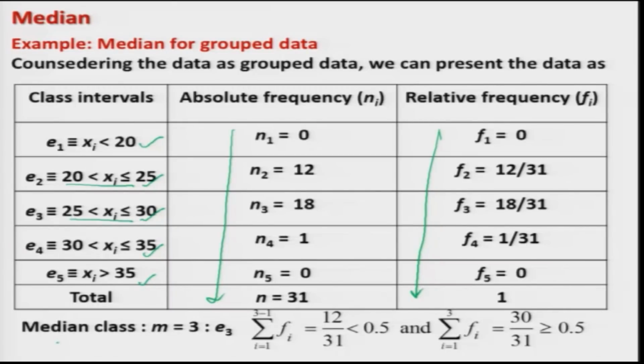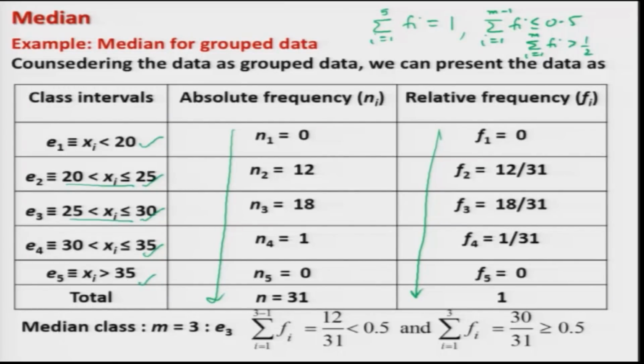Now, you can see the advantage of working with the relative frequency. The total relative frequency is always going to be 1, as there are 5 classes, so i goes from 1 to 5. I simply need to find the class, say m, for which the sum of the relative frequencies up to m minus 1 is smaller than 0.5, and for which the sum up to m is greater than half.